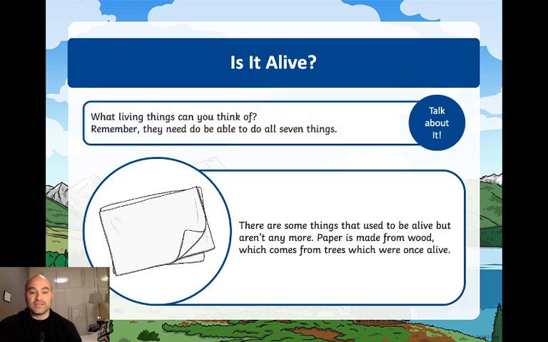What living things can you think of? Remember, they need to be able to do all 7 of those things. So what living things can you think of? Are you guys thinking of a living thing? I think of a worm. A worm is a living thing. It needs air. It responds to where it is at.